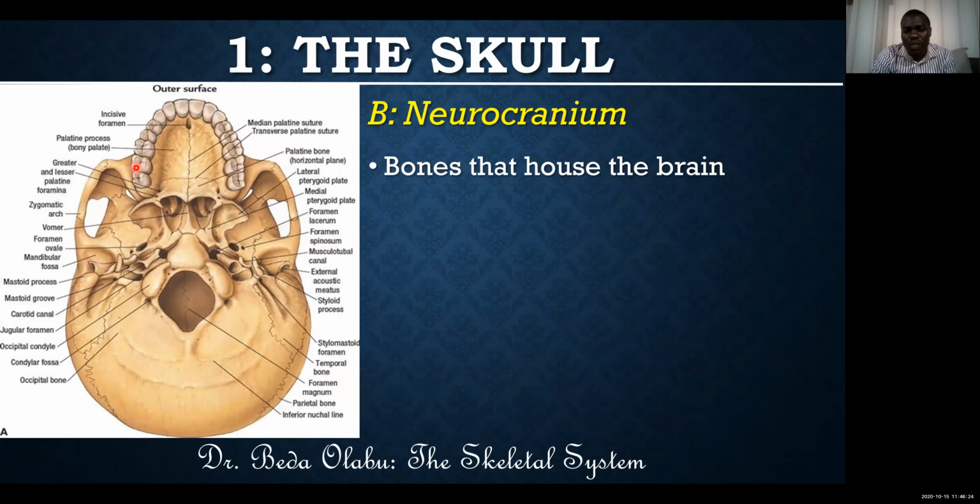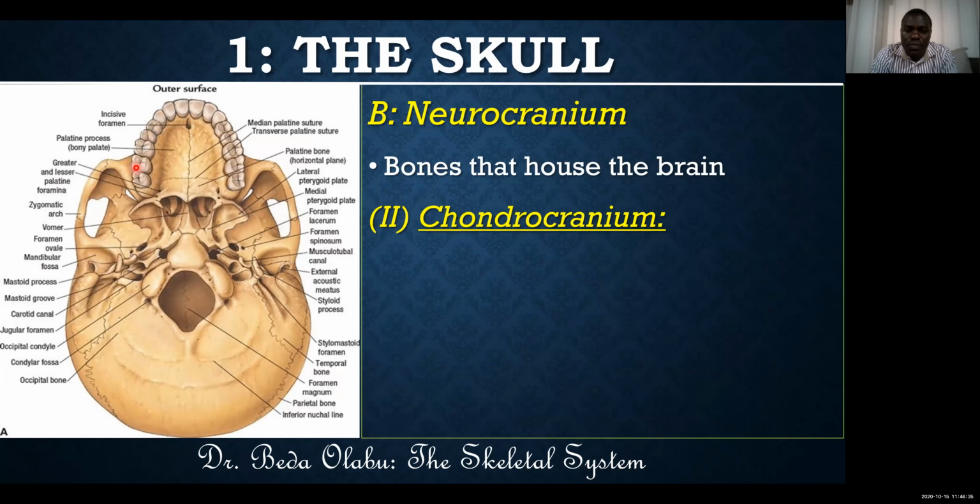So the bones which are below that line, where are they? They form the base of the neurocranium, and so we call it the chondrocranium. The reason we call it chondrocranium is because these bones develop from cartilage model, from endochondral ossification. You can call it chondrocranium or the skull base.